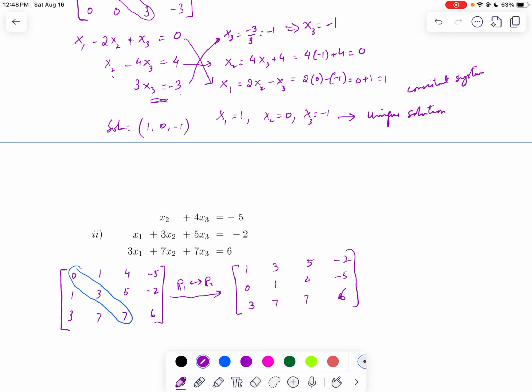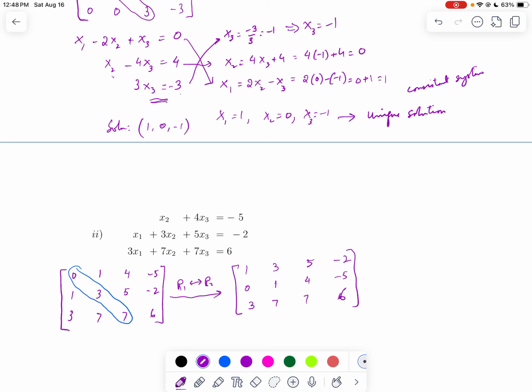Again, we follow the process exactly. So what we do in the first column, we have to have those 2 zeros. One of the zeros is already in that column. We don't have to worry about that position, but in place of the 3, we have to have a 0. So how do we get that?